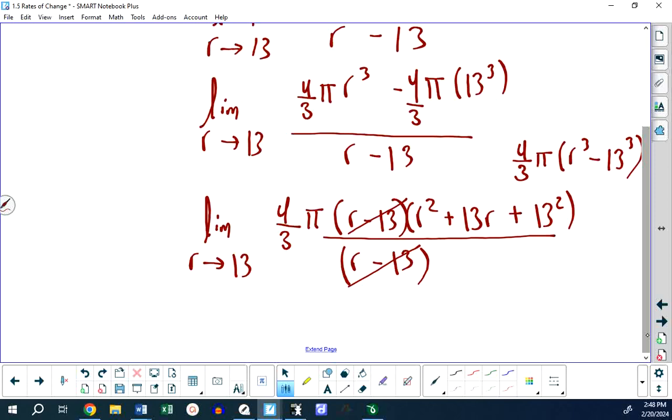I'd mentioned before that very often when you do calculus with this difference or sum of cubes, these three terms all end up being equal. Like when I put 13 in, I get 13 squared, which is 169. I get 13 times 13, which is 169. And I get another 169.